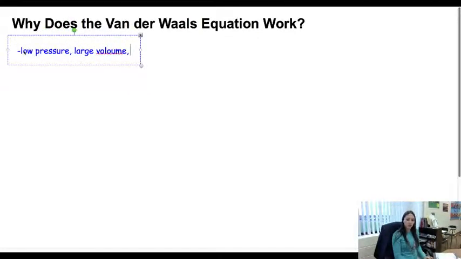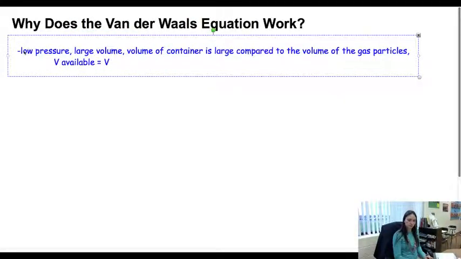Well, if I have a large volume, that means the volume of my container is large compared with the volume of the gas particles. So the volume of my container is pretty much equal to the volume that's available. Particles are so spread out because my volume is so big. The amount of space that those particles actually take up really isn't that much compared to the overall.